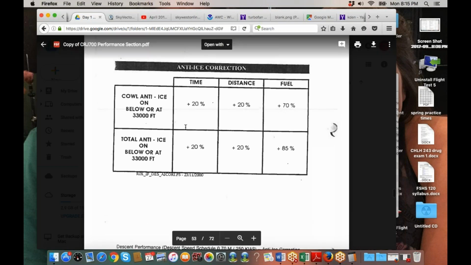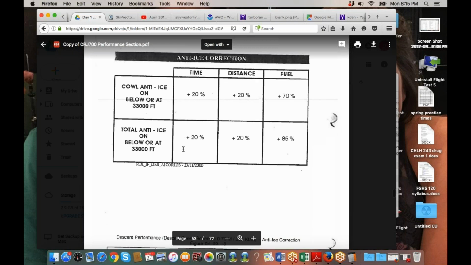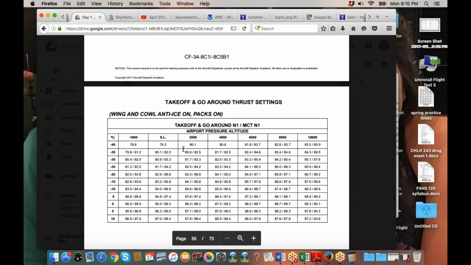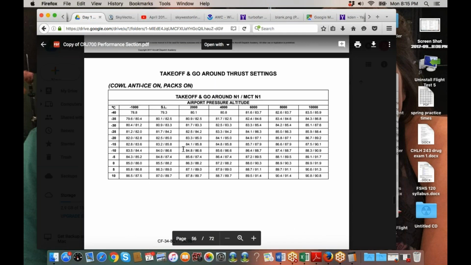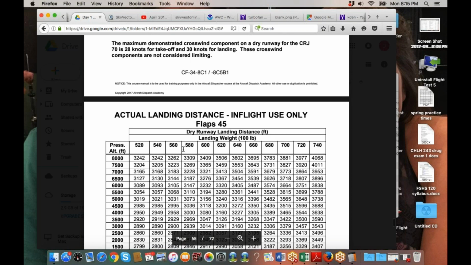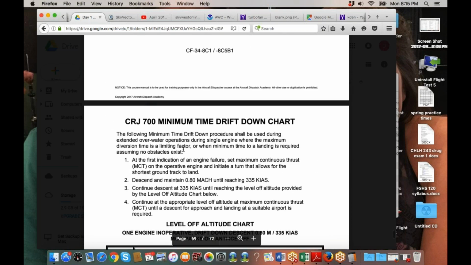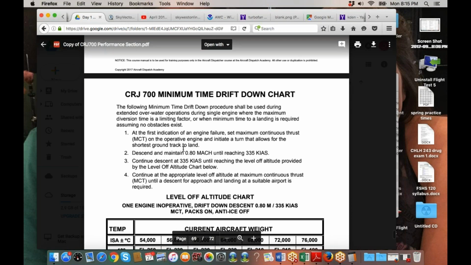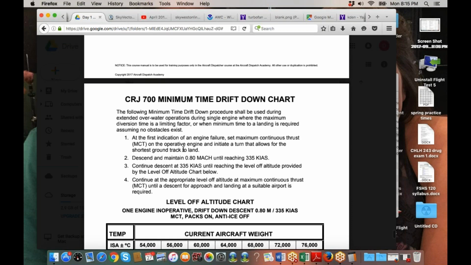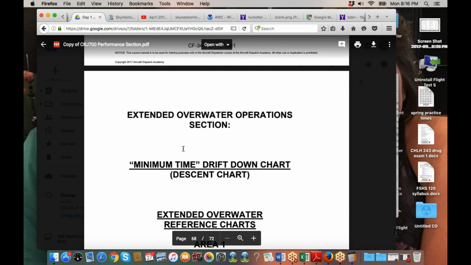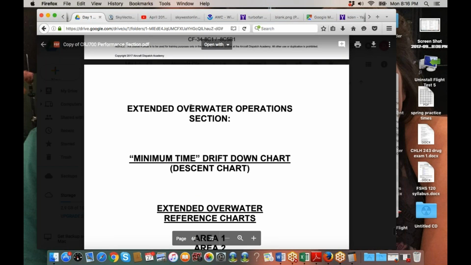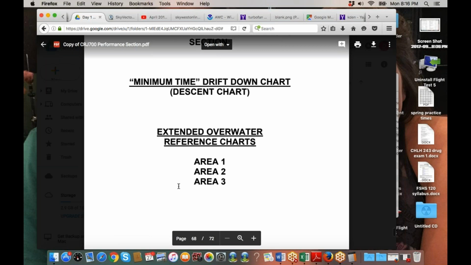And this just talks about a correction factor if you have to keep your NIS on. Okay, we have to go back up and talk about another thing, but I want to talk about this first.